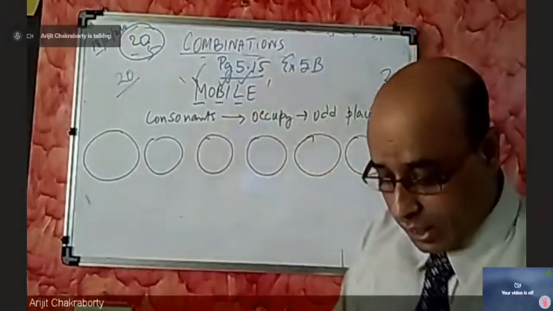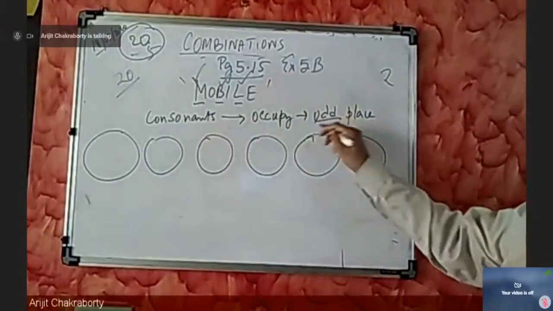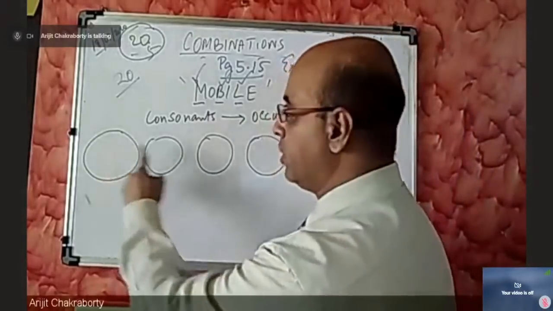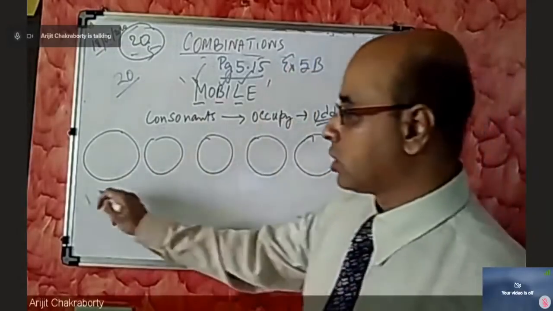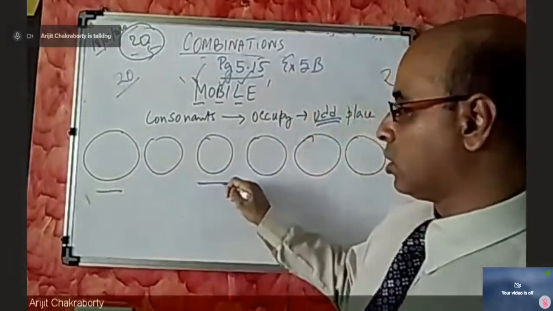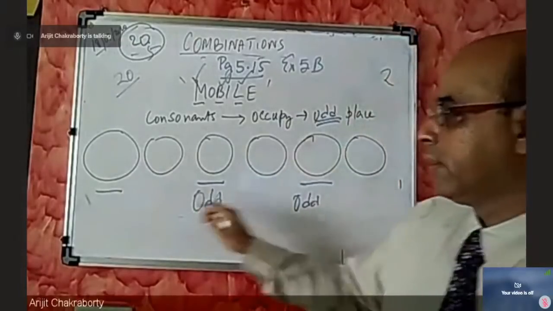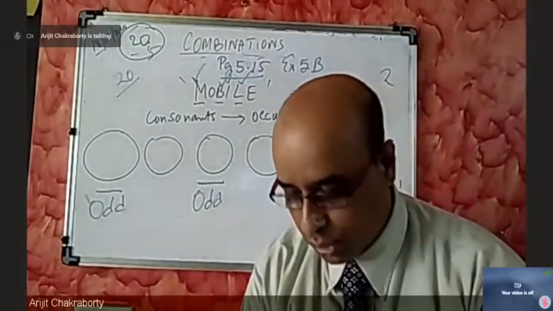Now the question is, we have to place them in the odd places, right? So the places go odd, even, odd, even, odd, even. So we have three odd places.